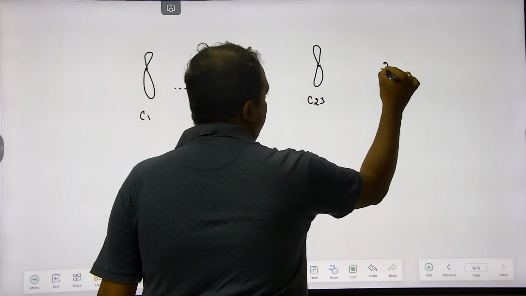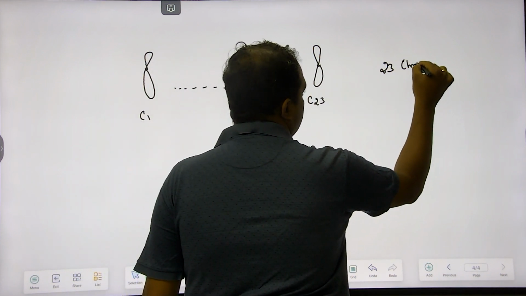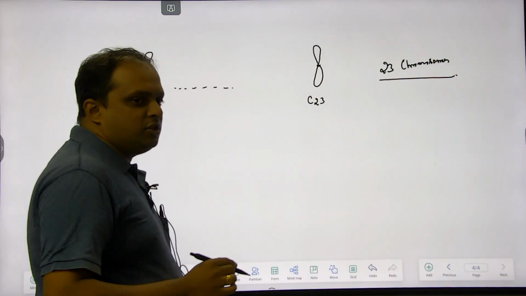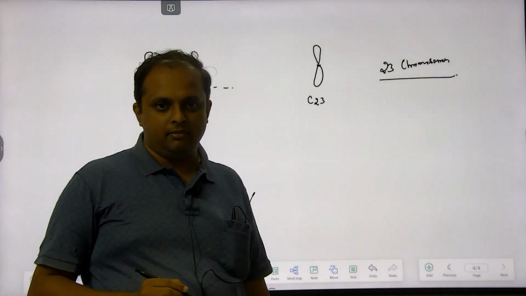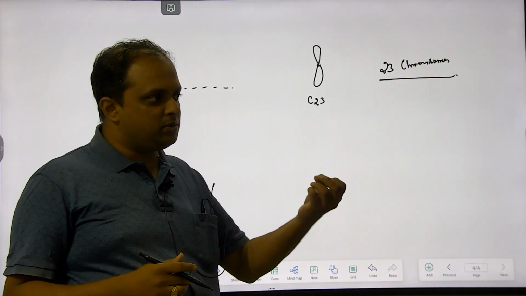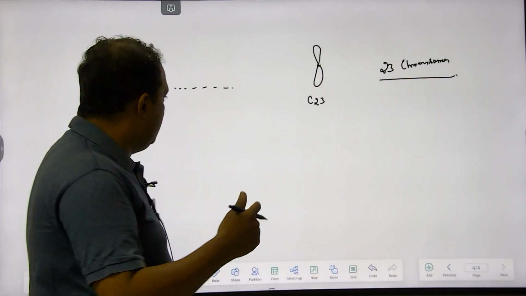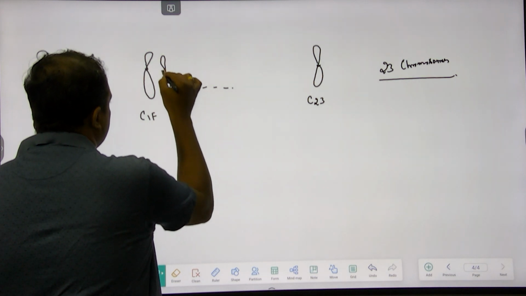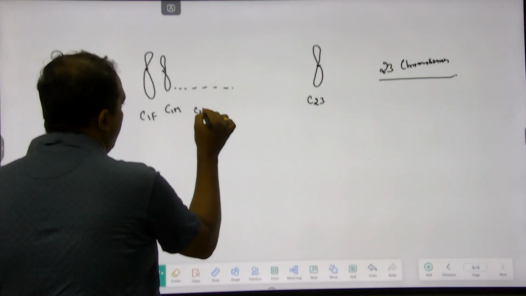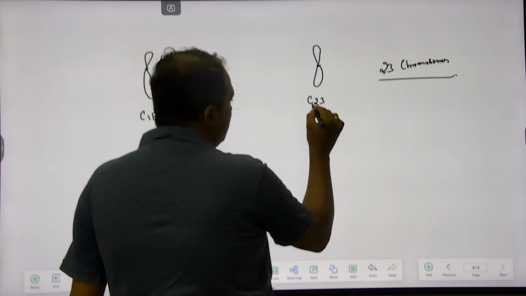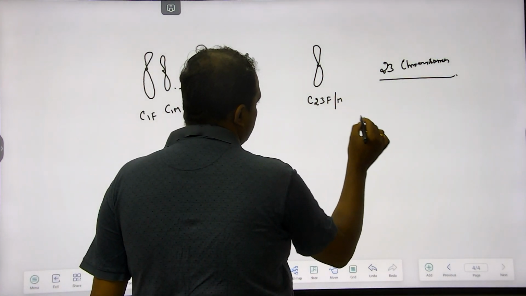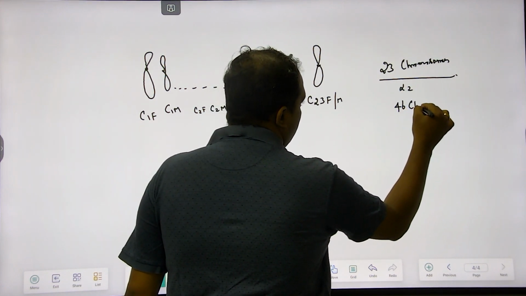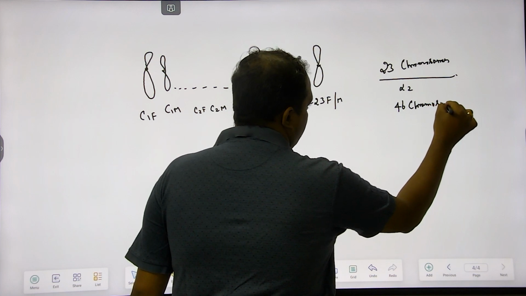So it has 23 basic types of chromosome. As I said, each chromosome will be in a pair, that is the father version, because we get one set of chromosomes from the father and one set from the mother. So you call this C1F, and the same pair will be seen, called C1M, like that C2F and C2M, like that up to C23F and C23M. So totally 23 into 2, since it is a pair, we have 46 chromosomes, right?